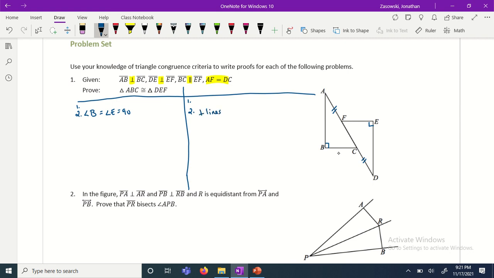Perpendicular lines make, right, equal 90-degree angles. Okay, and we also know, right, we can mark it down that BC is parallel to EF. Remember what we love to look for when we see parallel lines? We love looking for that Z. We got it right there.